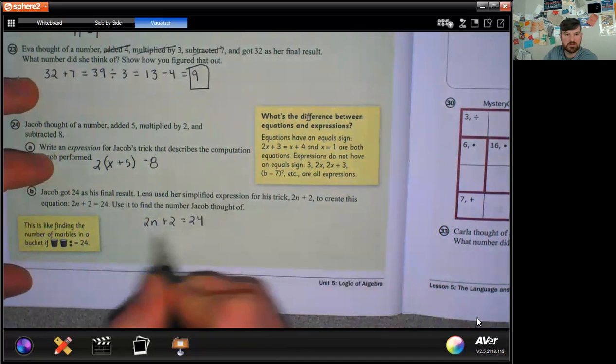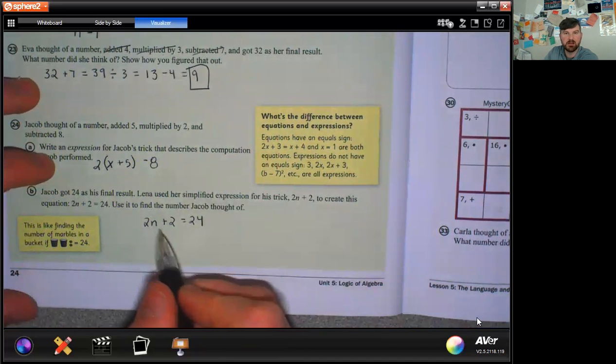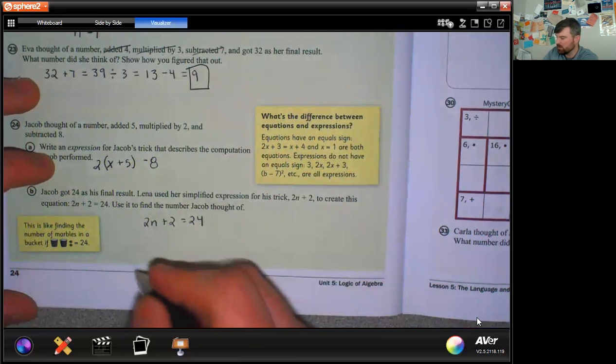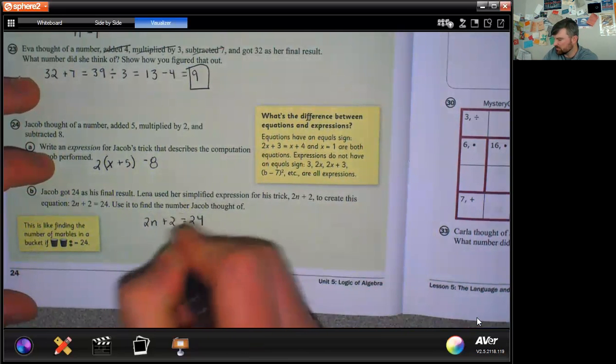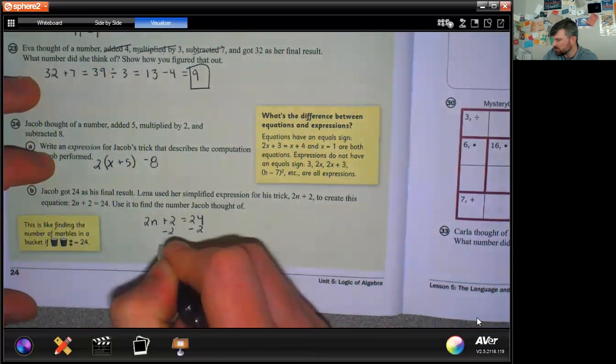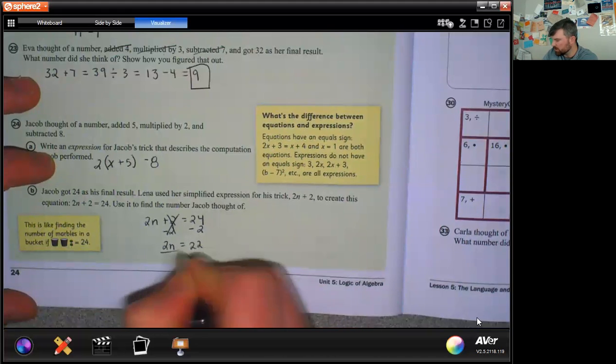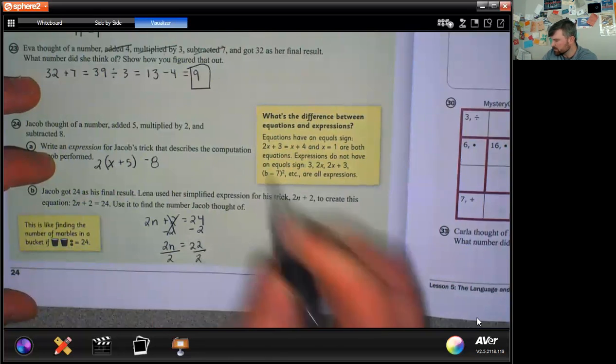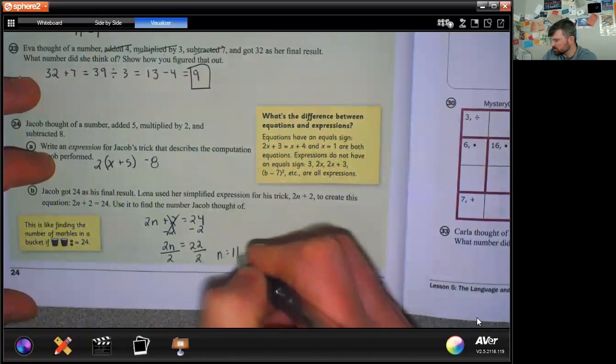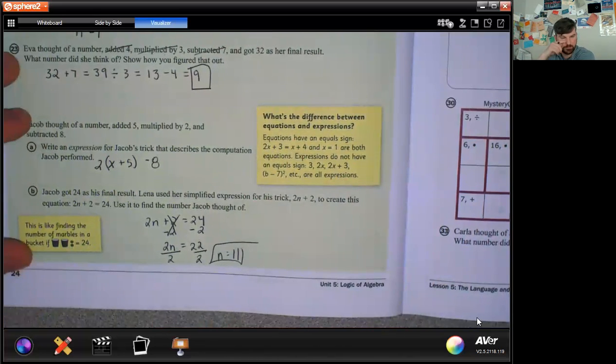Now, if I solve this equation like some of the basic algebra I know you guys have done, we're going to do the opposite of add 2, which is subtract 2. So these go away. I get 2n equals 22, and then divide by 2. So n equals 11. So Jacob should have started with the number 11.